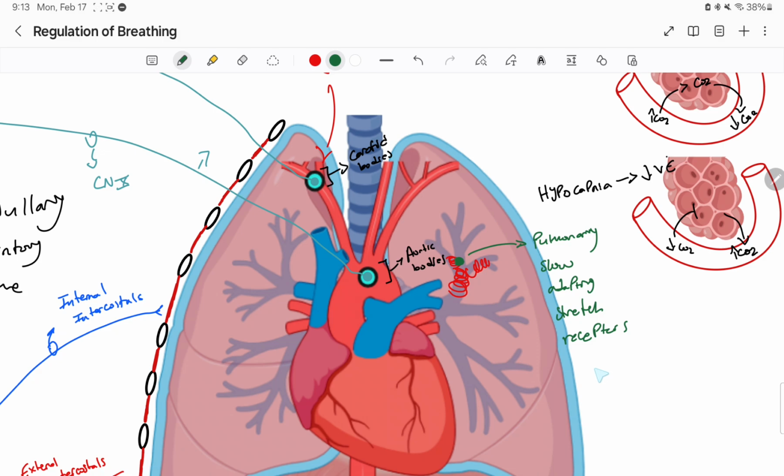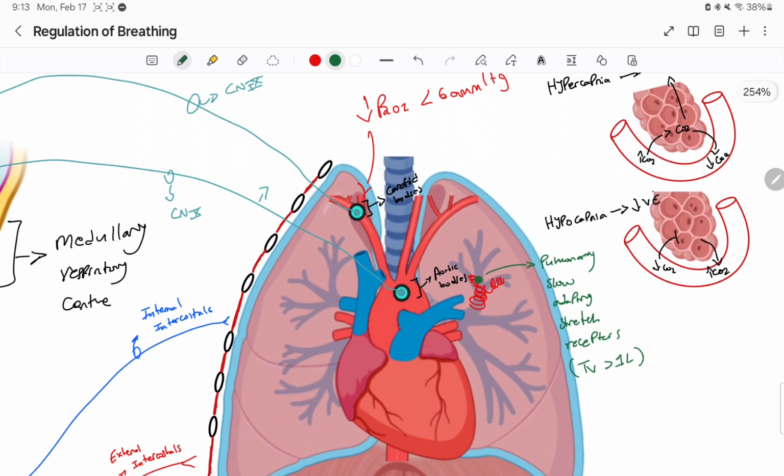What kind of stretch? Well, you guys remember from the volumes and capacities video, the tidal volume? If the tidal volume is greater than 1 liter, and this can differ, but if the tidal volume is approximately greater than 1 liter, that's going to stimulate these pulmonary slow adapting stretch receptors.